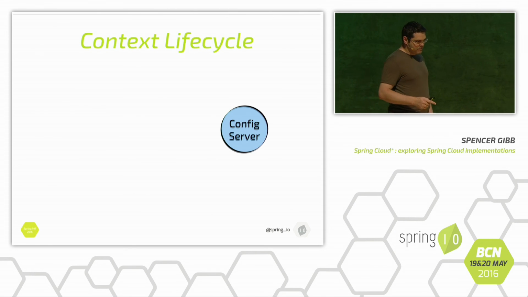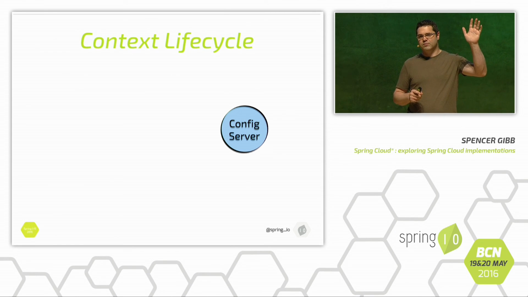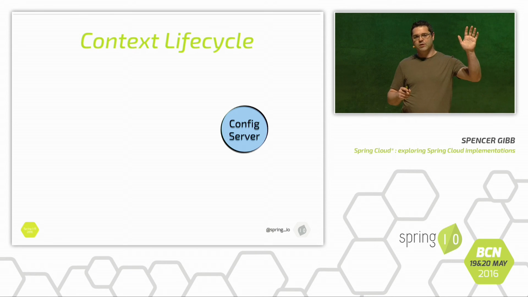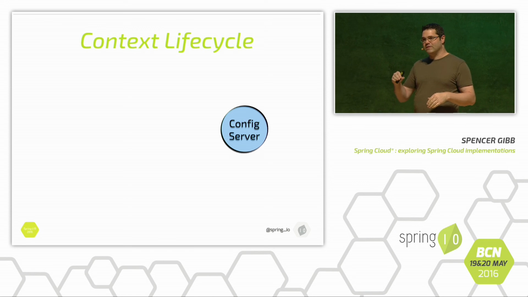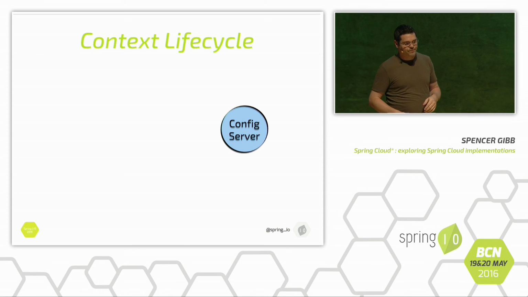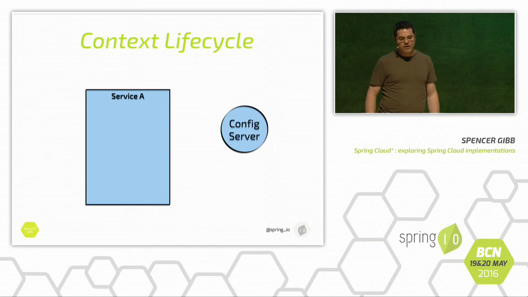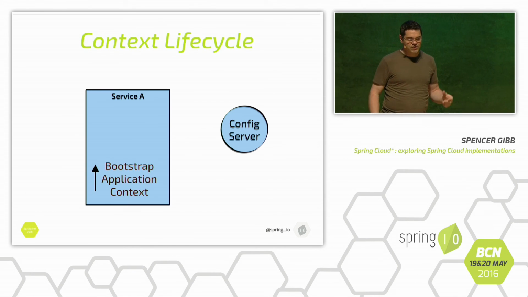To do that, we have introduced, how many are familiar with the life cycle of Spring's application context? A little bit? So it has a life cycle where it starts, and there are certain application events that are emitted during the life cycle. And so to plug configuration into that context, we created a new concept called a Bootstrap application context.